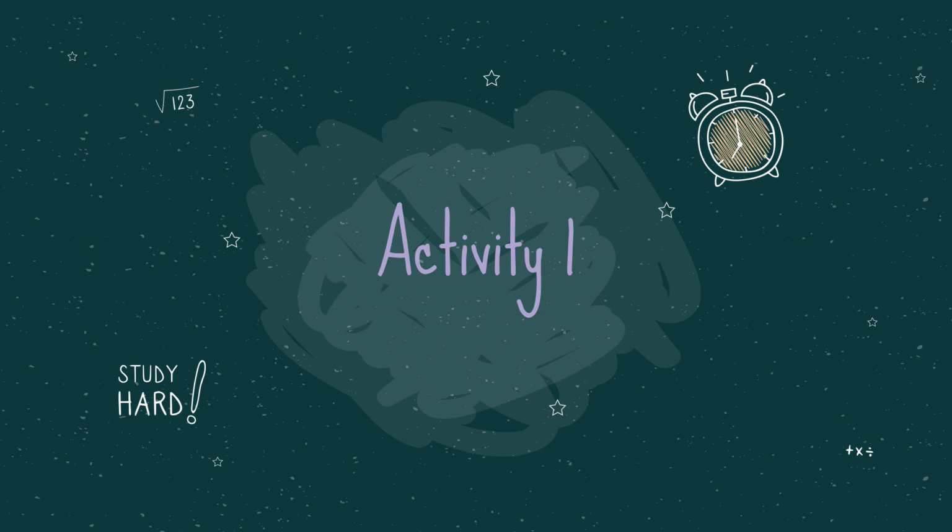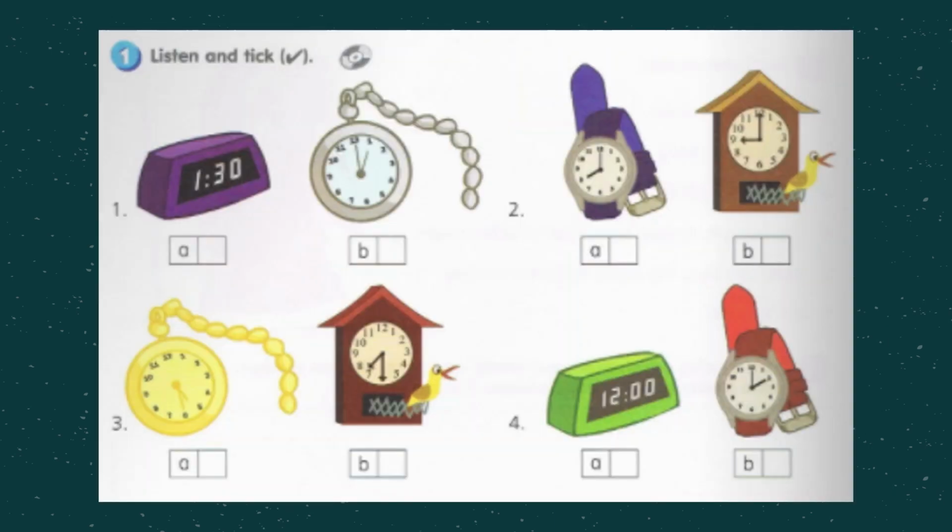Now, let's look at activity 1. Listen and tick. 1. What's the time? I think it's 1 o'clock. No, it's 1:30. 2.